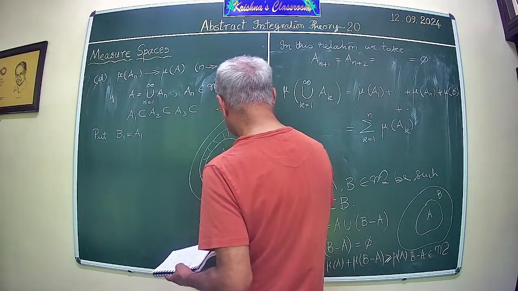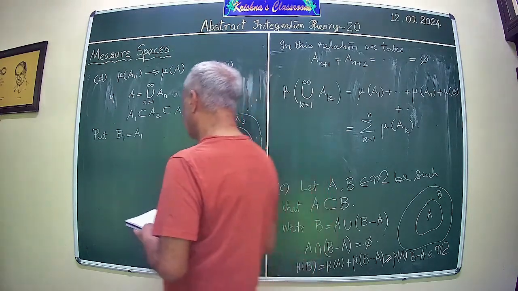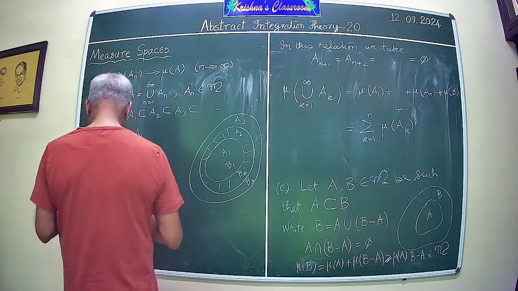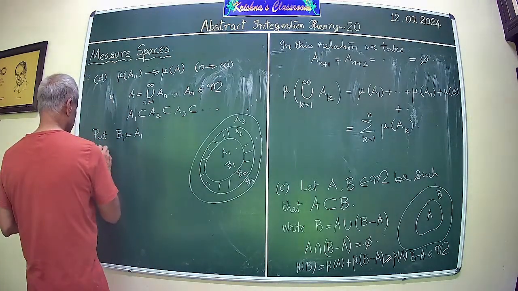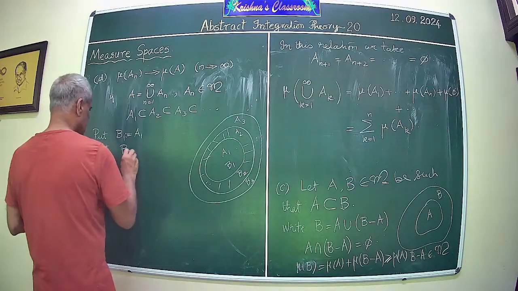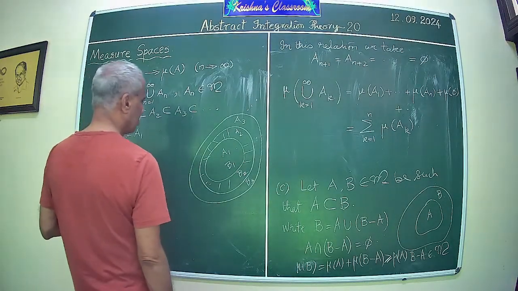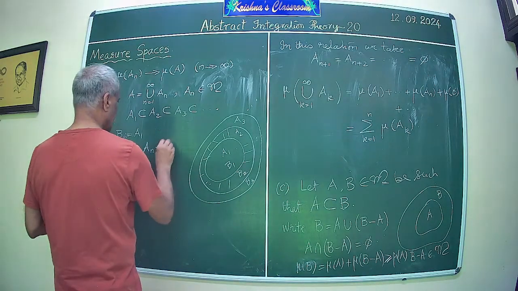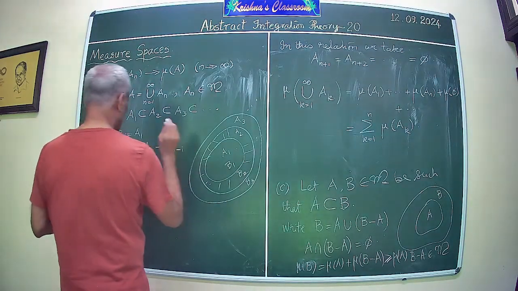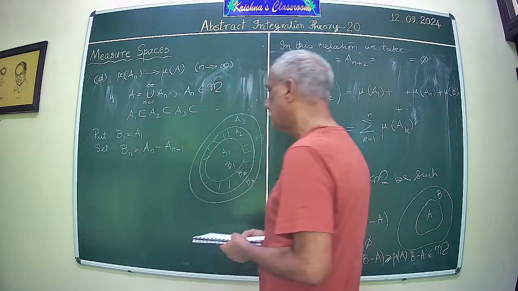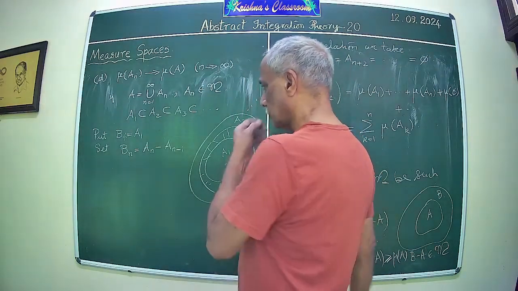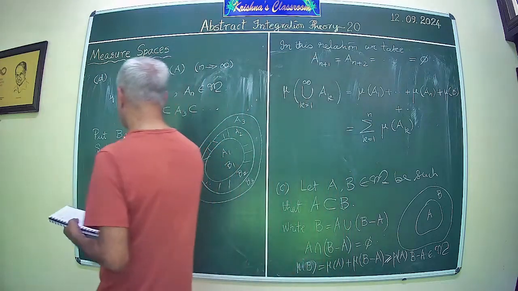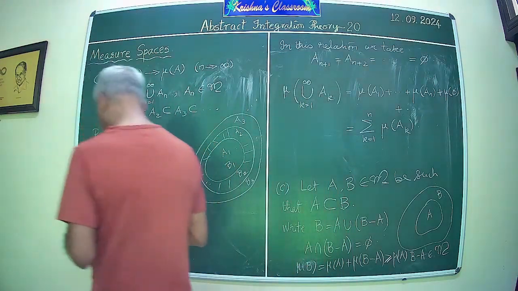Then call this B3 and so on. So B1 equals A1. Set Bn.